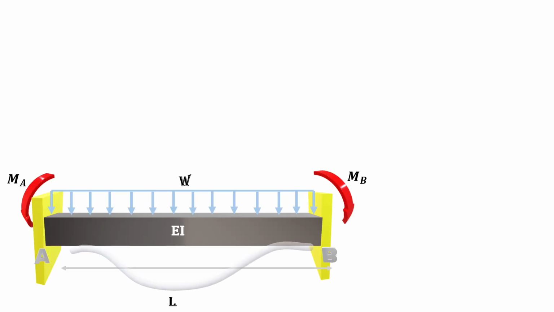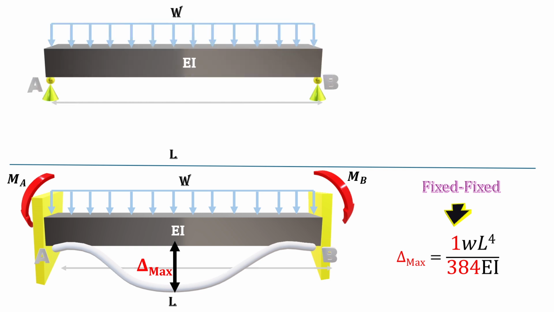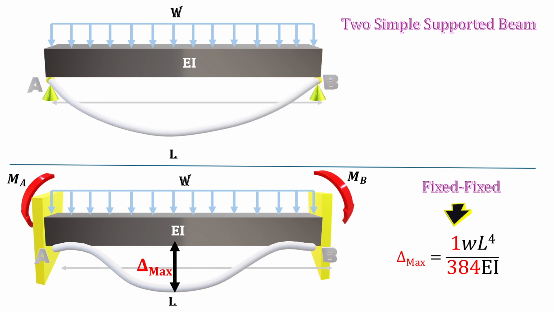And if you make a comparison of a fixed support beam with similar loading to a simply supported beam, you can easily see that for a simply supported beam, delta maximum is increased by 5 times.